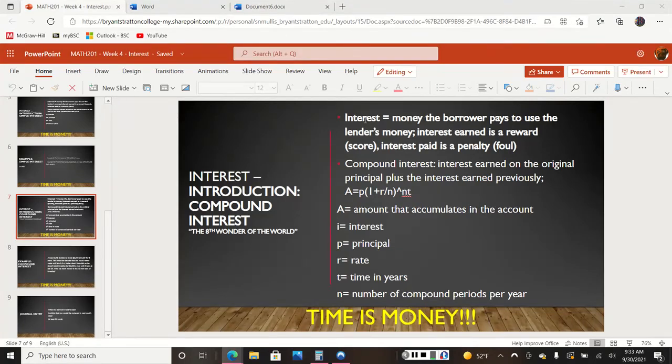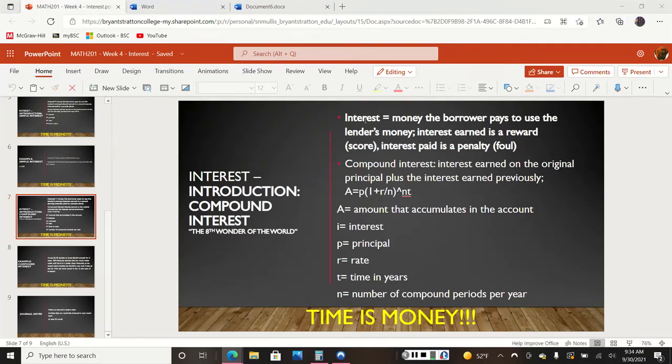So compound interest is the interest earned not only on the original principal, but also on all interest earned previously. In other words, at the end of each year, the interest earned is added to the original amount and the money is reinvested. This is where time is money, and money starts working for you.